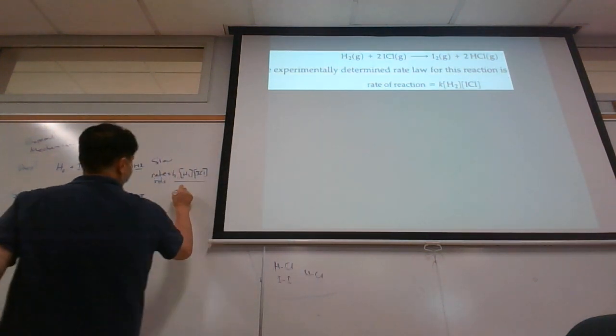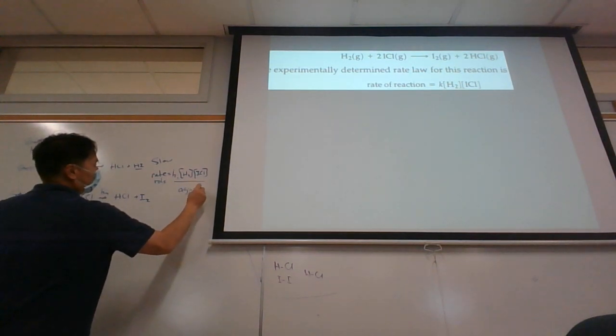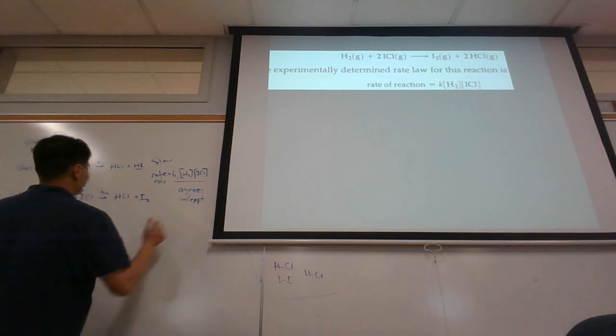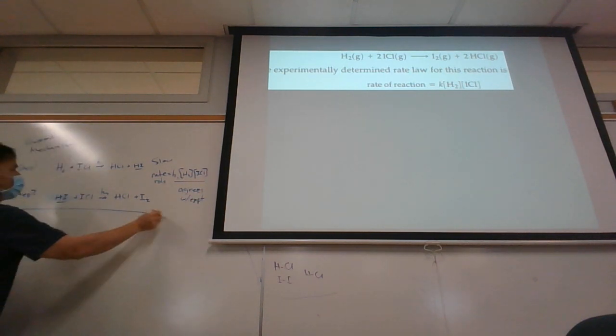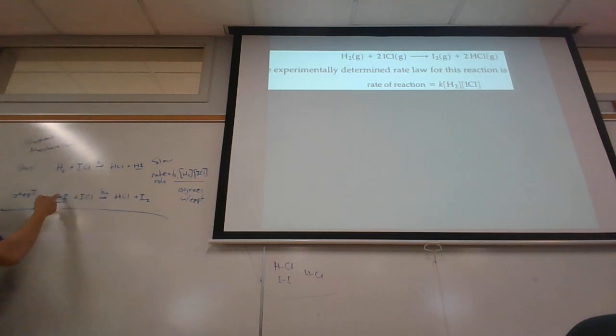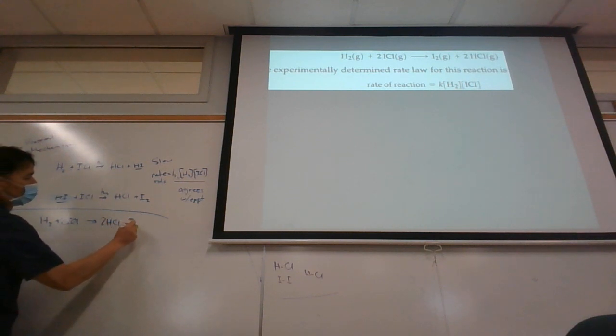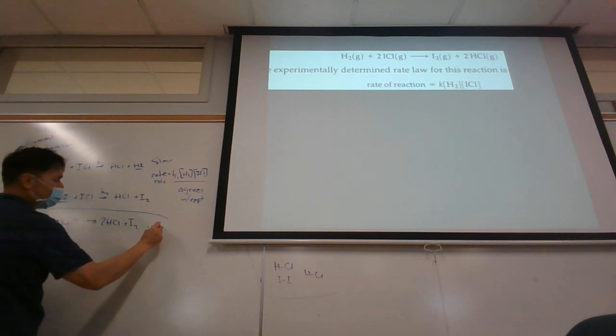And so this agrees with experiment. And then in the net reaction here, the HI is what we call an intermediate, and that cancels out. And so we end up with H2 plus 2 ICl yields 2 HCl plus an I2. So the net reaction agrees.